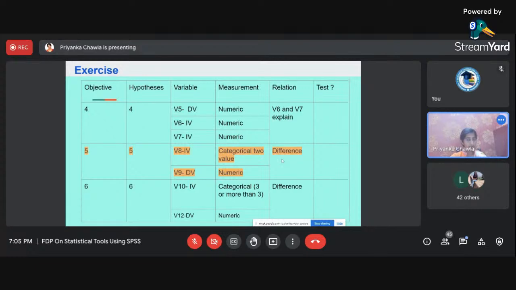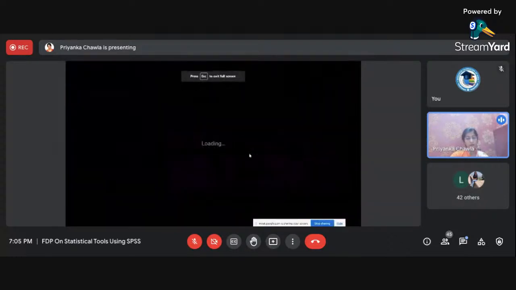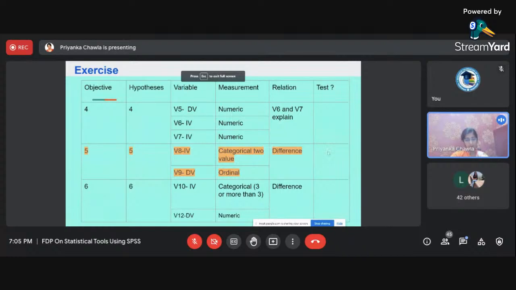Which test is to be applied? If instead of numeric I write ordinal, the dependent variable was measured on an ordinal scale and the independent is categorical with 2 values, then the Mann-Whitney test will be applied. Okay?